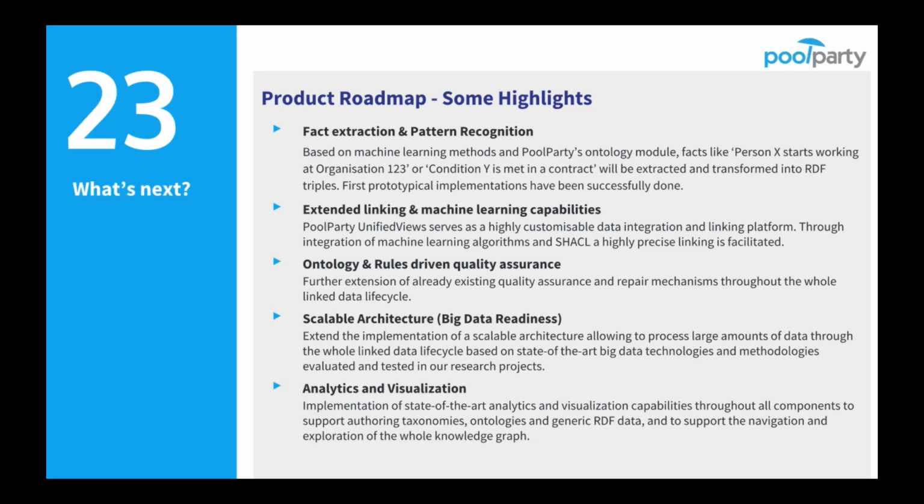And of course, with analytics and visualization, we look at implementing always state-of-the-art analytics and visualization capabilities throughout all components so that we can support authoring taxonomies, ontologies, and of course, generic RDF data. But not only do we want to analyze this information, we also want to visualize it, and then we want to have the ability to support the navigation and exploration of the whole knowledge graph so that we have a much better overview of what's available to us.